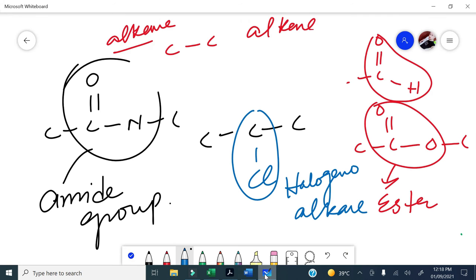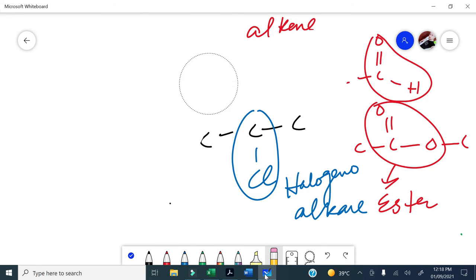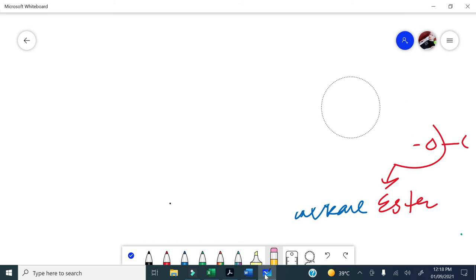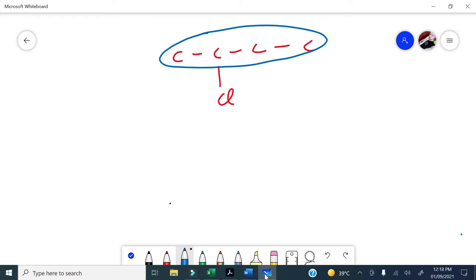Now see this rule. I'm going to talk about this rule now. First of all, selection of the longest chain. Let's suppose we have a compound with carbon and carbon and carbon and carbon. Cl is there. So I'm going to select the longest chain. This is the longest chain.